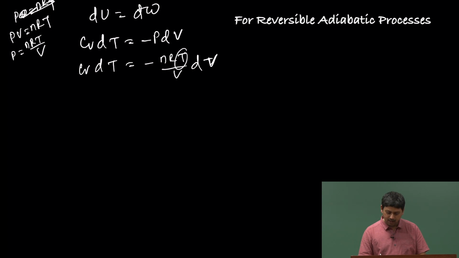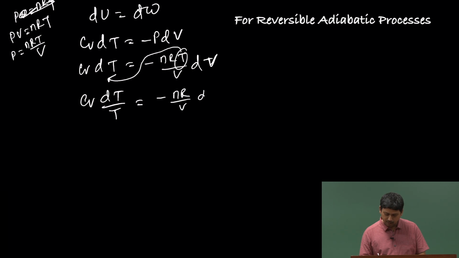So, I have to bring this T below here, because it is a function of temperature. Cv dT by T is equal to minus nR by V dV.